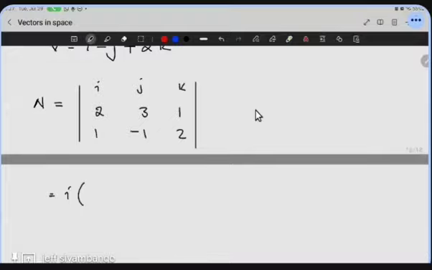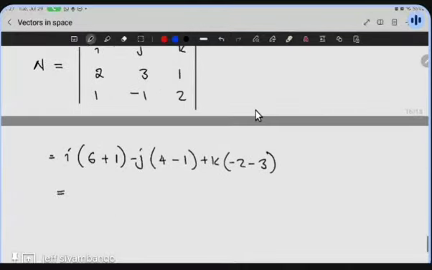So I have 3 and 2, that's 6, plus 1, minus j, and then I have 2 and 2, that's 4, and then 1 and 1, that's 1, then we'll get k. We'll have 2 and minus 1, that's minus 2, and then that'll be minus 3. So we have 7i minus 3j and minus 5k.